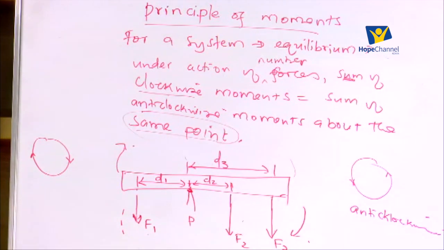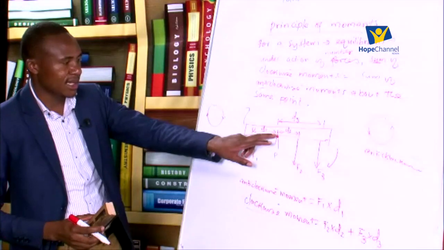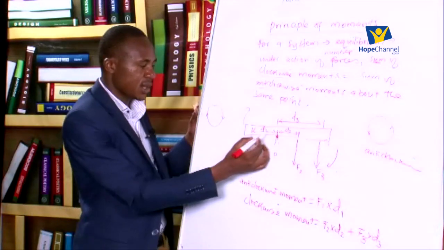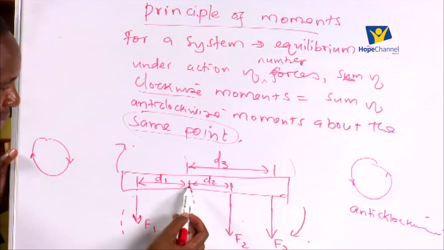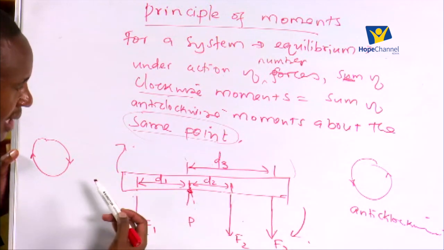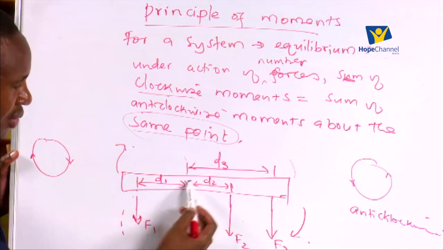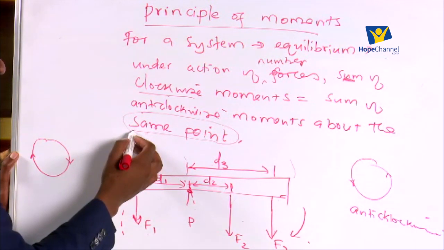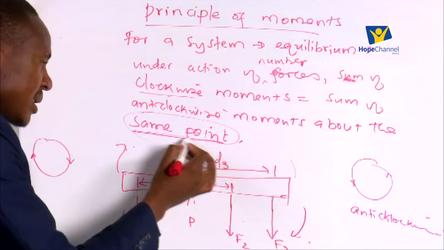In this case we have force 1, force 2 and force 3, there are 3 of them. You will realize that for all the things you have written here, all the distances are measured from the point of support, which is P. D1 is from P to force 1, D2 is from P to force 2, D3 is from P to force 3. All the distances must be measured relative to the same point.